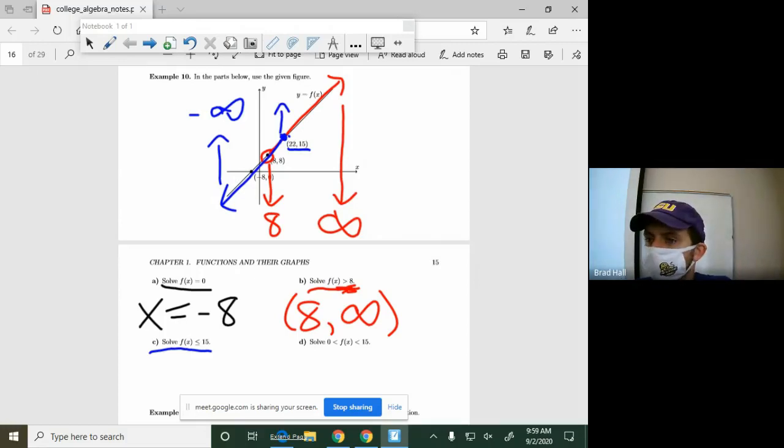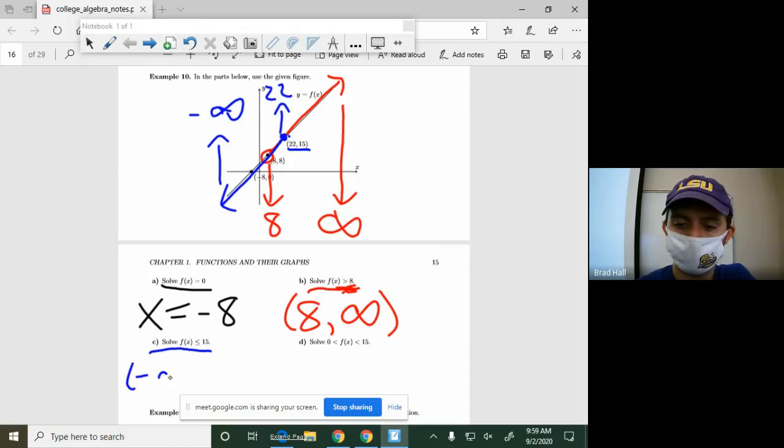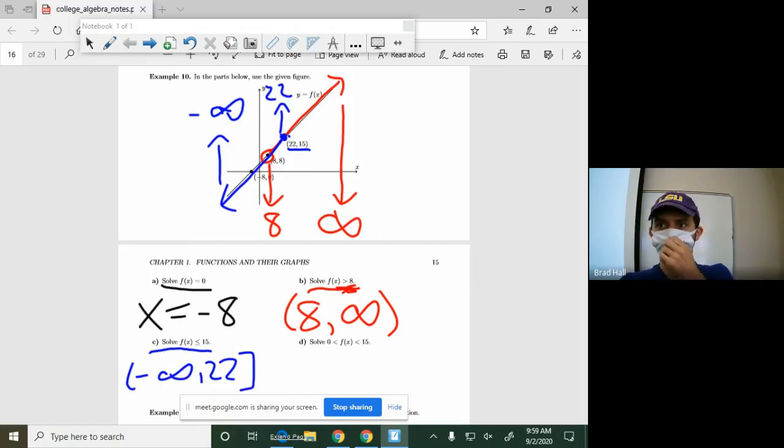The rightmost part, 22, because we want the x value. So negative infinity for the leftmost part, 22 for the rightmost part. 22 gets a bracket because we filled in the circle, because we have equal to now.